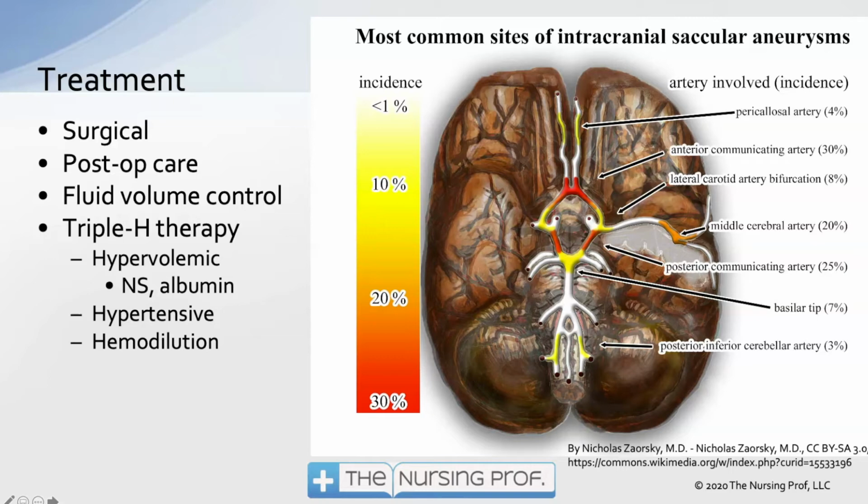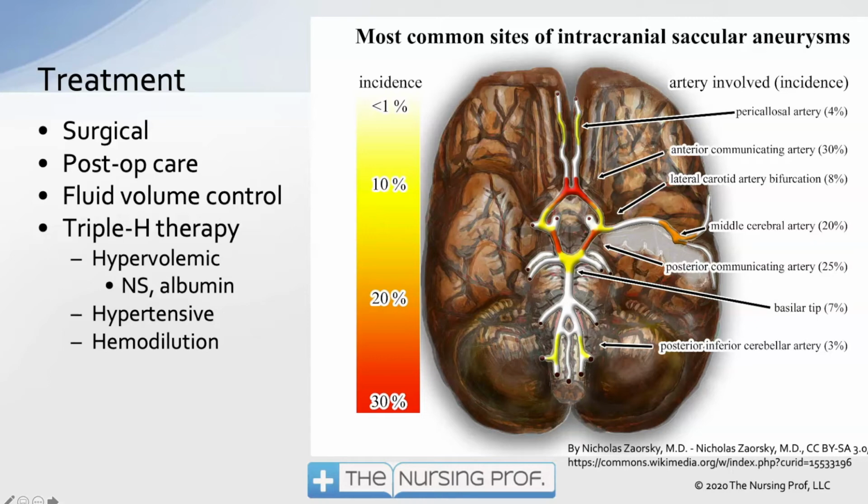Post-op care: we're going to have fluid volume control, so we have to be careful about how much fluid we give these patients. We don't want to create cerebral edema. Hypervolemia is generated by normal saline and albumin, keeping the patient hypertensive and hemodiluted. Let's talk about what this means.